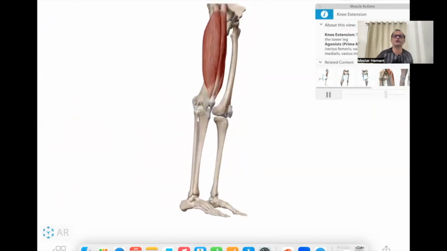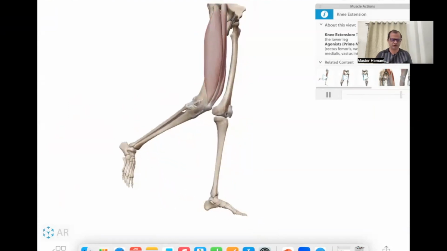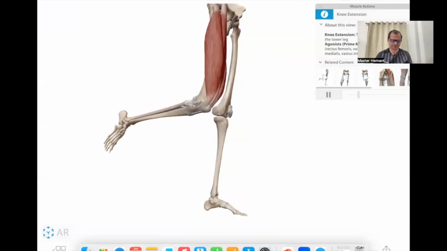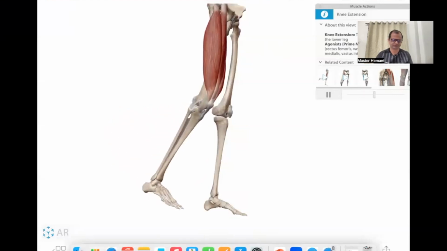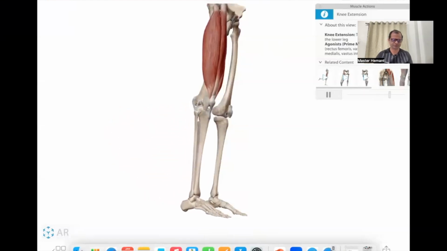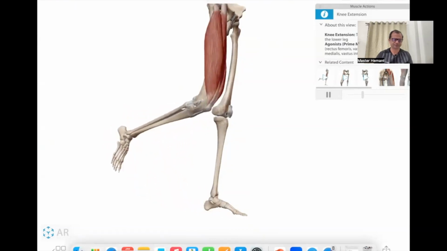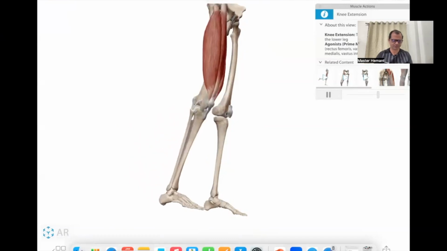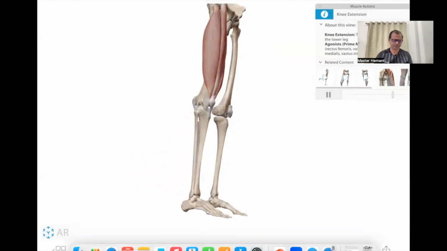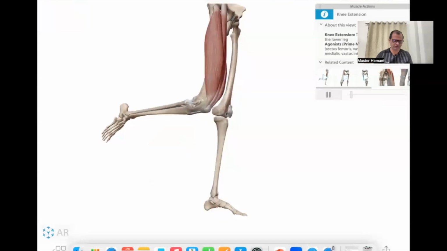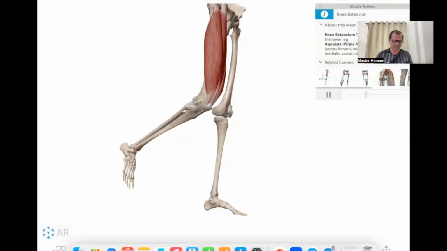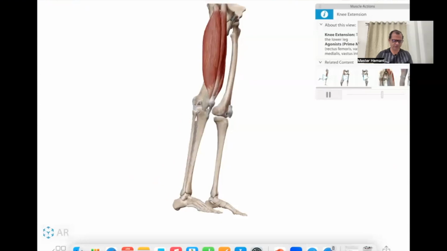What will be the problem if the person is not able to stand in this position? Can you tell me? Which muscle is involved? What problem might happen if the person is not able to do this?